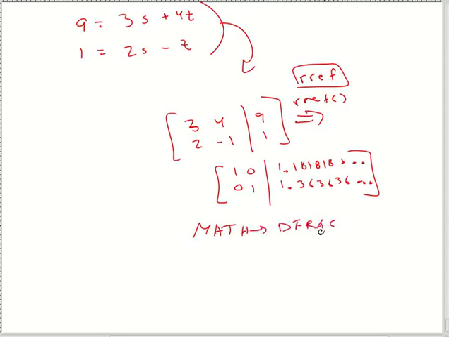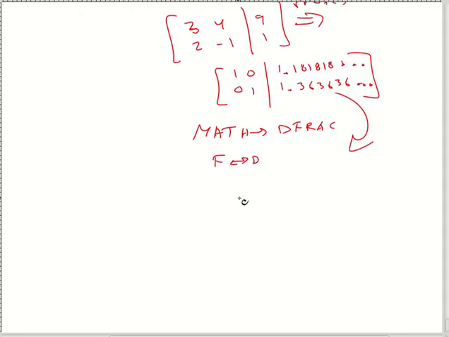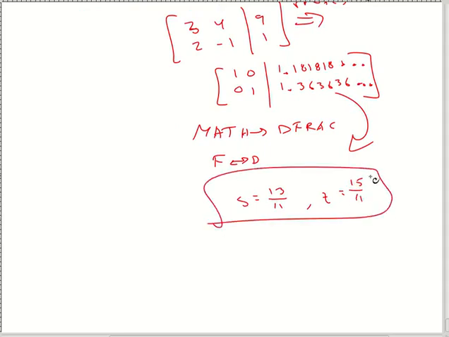Math to frac, that's a little triangle. If it's a Casio, you can do FD, fraction decimal. And it should convert this over, and I'll just show you the answers now. S is 13/11, and T is 15/11. So there's your final answers. You can use these for your answers and those and etc. Because I think they're wanting these for part A, and then these are part B.